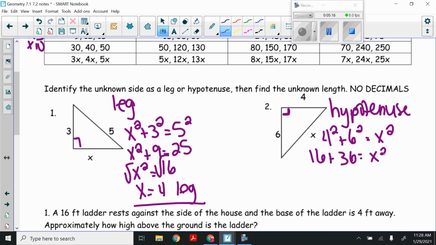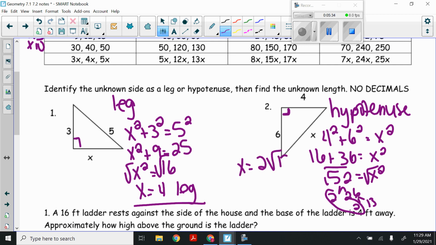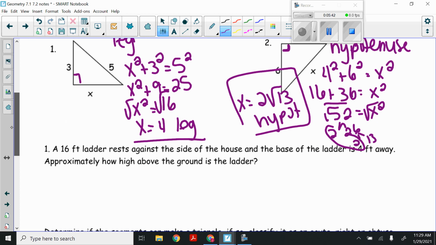Add 16 and 36 and we get 52 equals x squared. When we take the square root, this time 52 is not a perfect square, so factor tree, 2 and 26. 26 breaks down to 2 and 13, so I have a pair of 2's. So on this one, x is equal to 2 square roots of 13, and again we said it was the hypotenuse. I'm going to look at a word problem next.